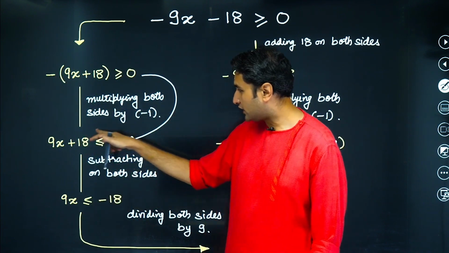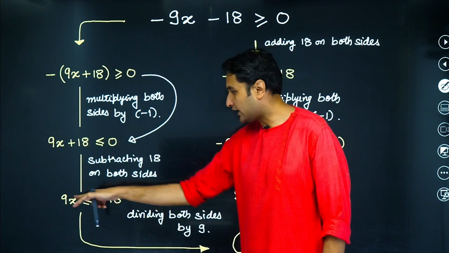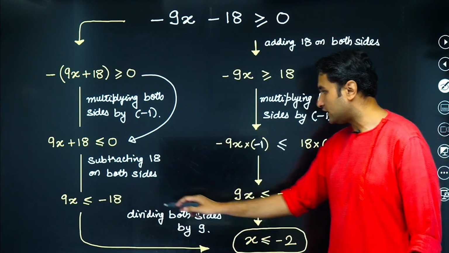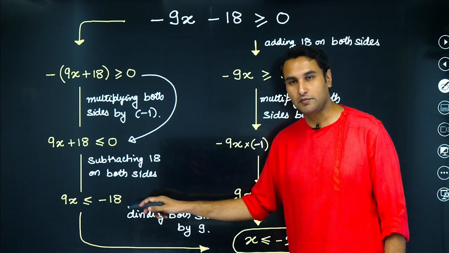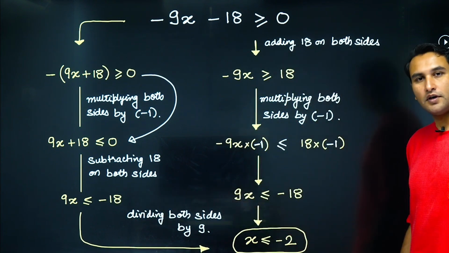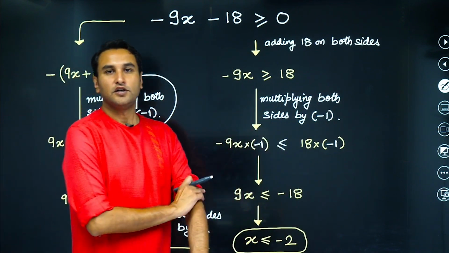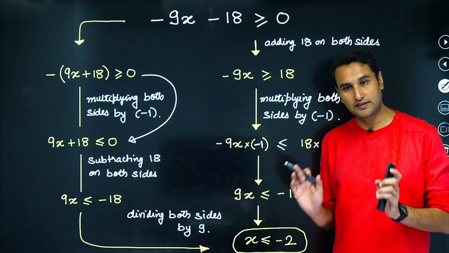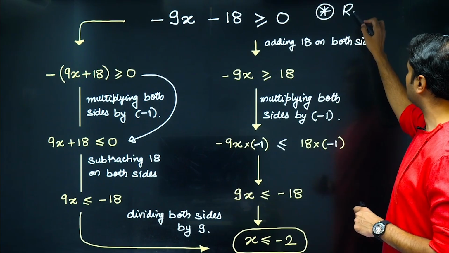What you can do is take 18 on the other side and then divide by 9. Dividing by 9, the inequality will not change because 9 is a positive number. You again reach the same answer. Showing you so that your concepts are clearer. Makes sense? This is a good question for your basic revision.